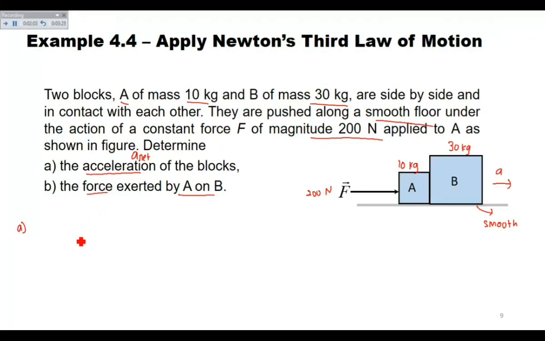Okay, so kalau kita lukis free body diagram, so yang ni akan jadi M1 plus M2 times G. So yang ni adalah normal dan yang ni adalah F. Okay, so since kita nak cari value of acceleration dan acceleration ni hanya in X component, so kita resolve force into X component, summation Fx equals to MA.